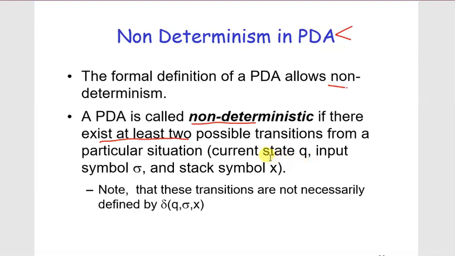For example, from current state Q with the same input symbol and stack symbol X, there are at least two possible transitions.